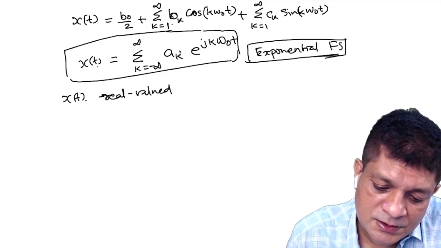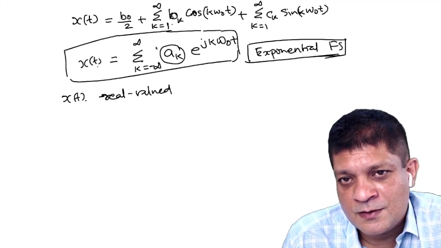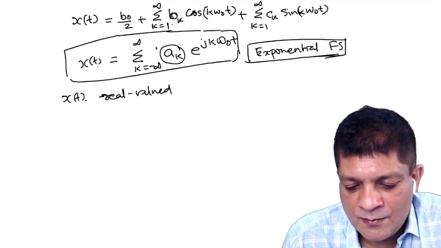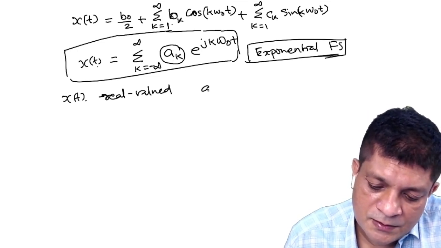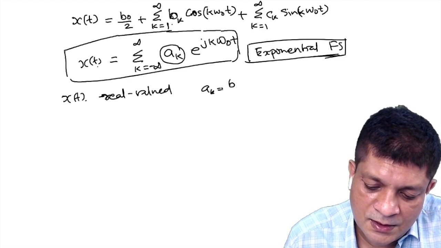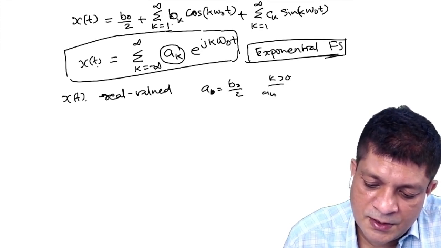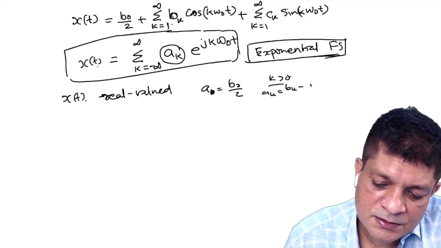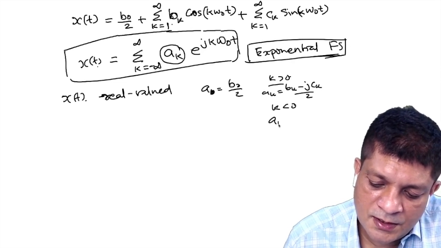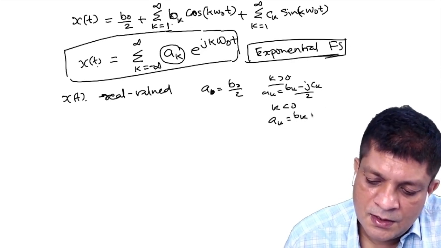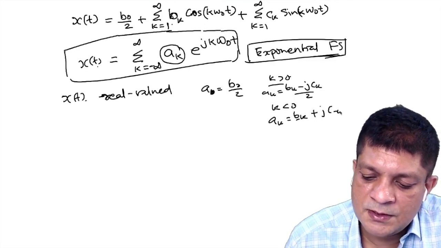Now what about these coefficients a_k? Are they real valued? Not necessarily. That is an important difference. We have seen that a0 is b0 by 2, and for k greater than 0, a_k is b_k minus j c_k by 2, and for k less than 0, a_k is b minus k plus j c minus k by 2.